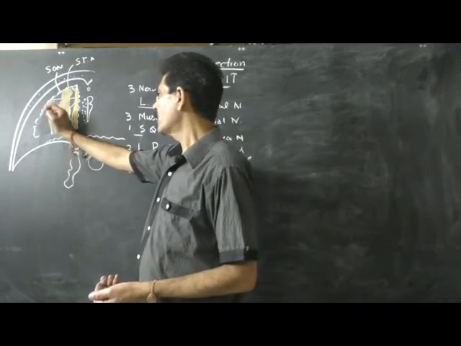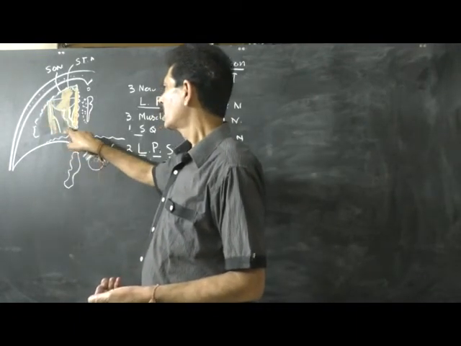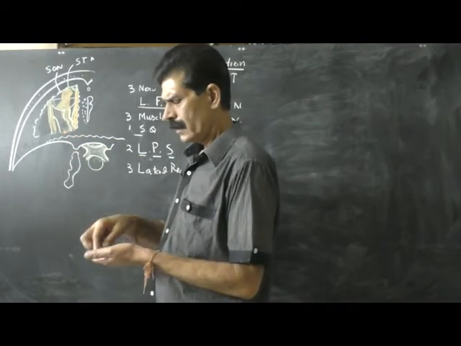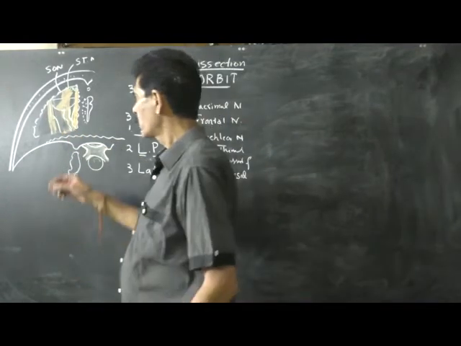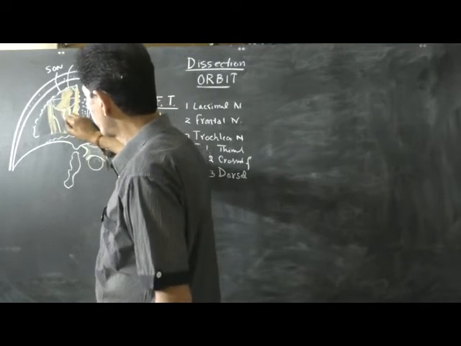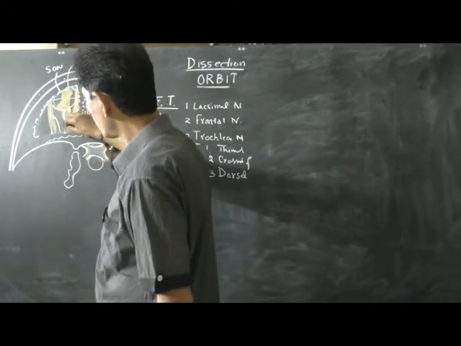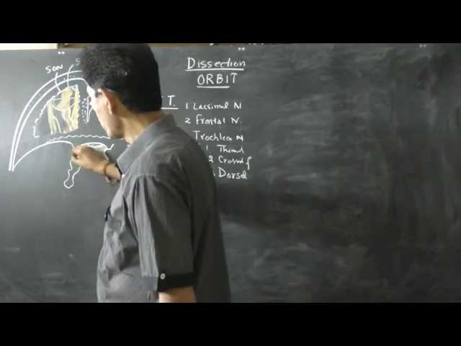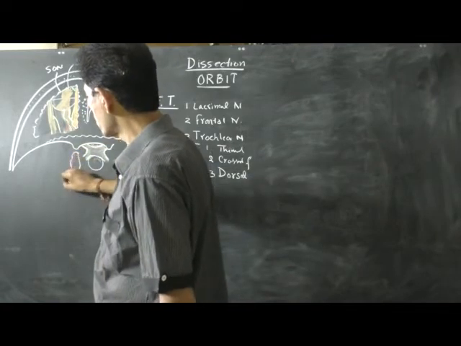What else do we see here? The ophthalmic artery. The ophthalmic artery comes from the inferior-lateral part of the optic nerve. It is a branch of the internal carotid artery, which lies in the foramen lacerum.